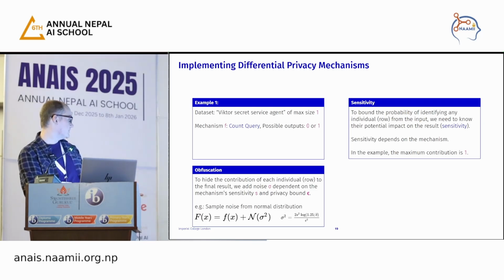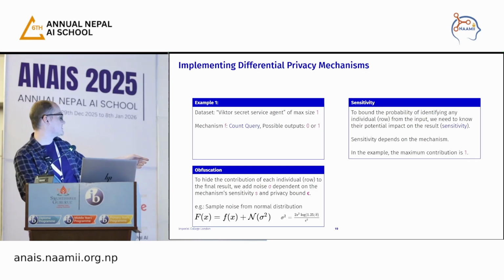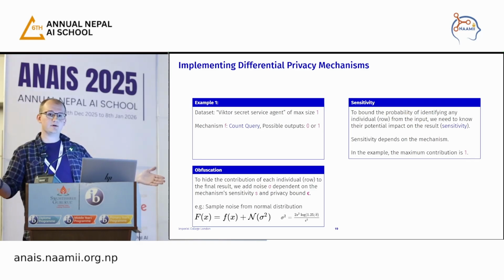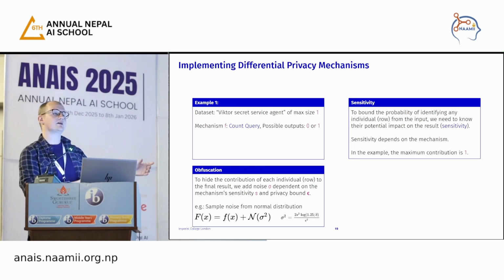It depends on the delta: the lower you want the probability that your mechanism fails, the more noise you need to add, because it's the logarithm of the delta being divided. And it depends on the sensitivity S: the more each individual contributes to the final output, the more noise you need to add, because again, it's at the top of the fraction, right?